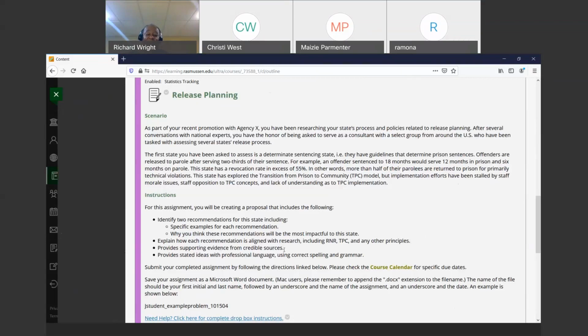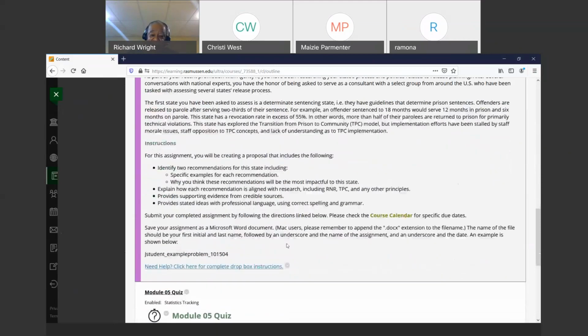Don't throw me in just one in there. You've got to throw me in enough to cover the information that you provide in there. That means a citation within the body of the paper and then a reference at the end. Okay? Very, very, very important. And it is APA, and it has to be in a Word document as well.